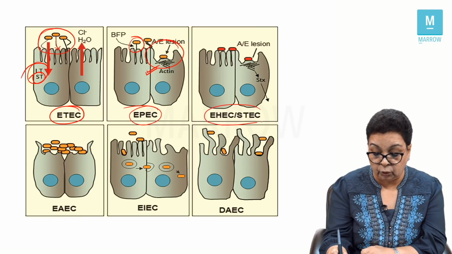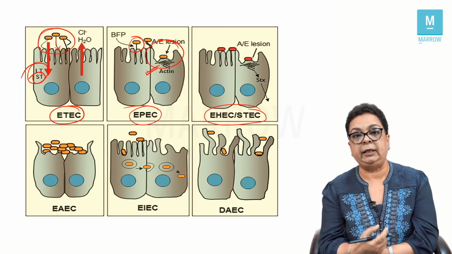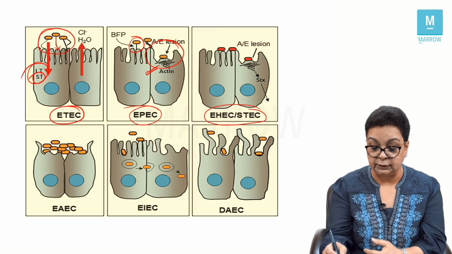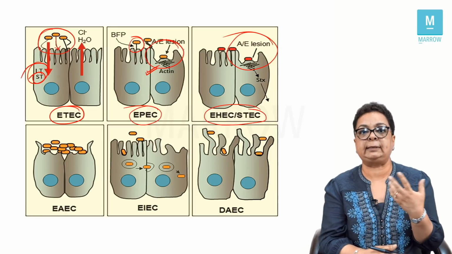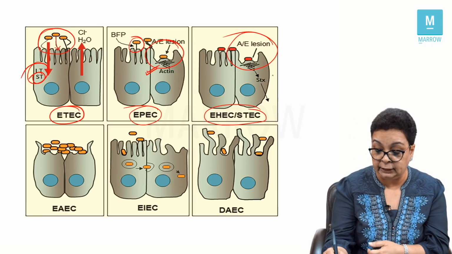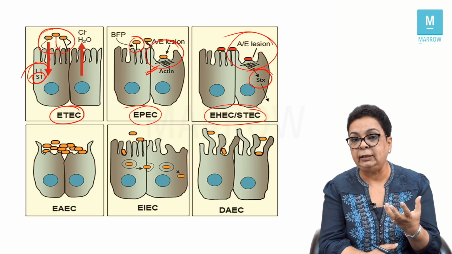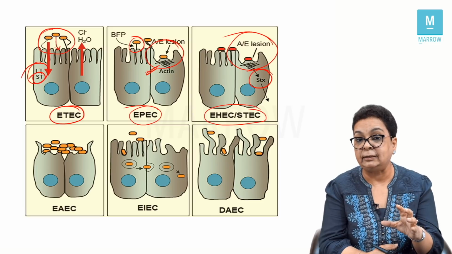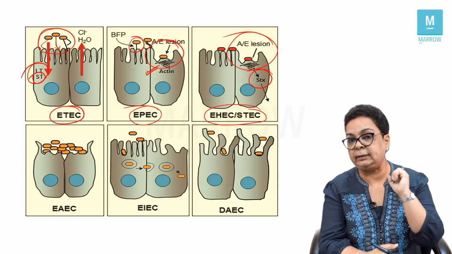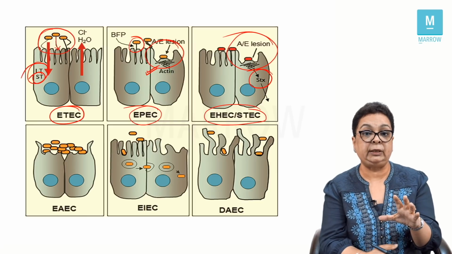Moving on to enterohemorrhagic or Shiga toxigenic Escherichia coli. There are two important virulence factors. One, they produce the same attachment effacement effect, and then they produce the Shiga-like toxin, which acts on endothelial cells, inhibits protein synthesis by breaking the 60S ribosome and thereby leads to necrosis of the endothelial cells.